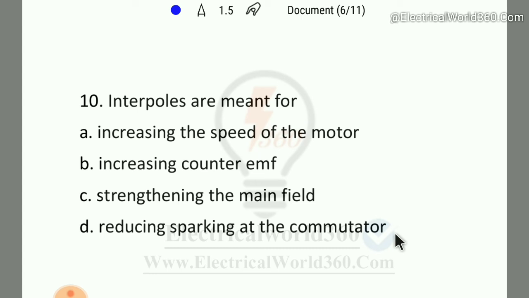So for that we should know interpoles are used to reduce the effect of armature reaction and also to nullify the effect of induced EMF in the coil undergoing commutation. Due to this EMF, the sparking occurs and the interpoles help to reduce the sparking occurring at the commutator. So that's why here the right answer is option number D.